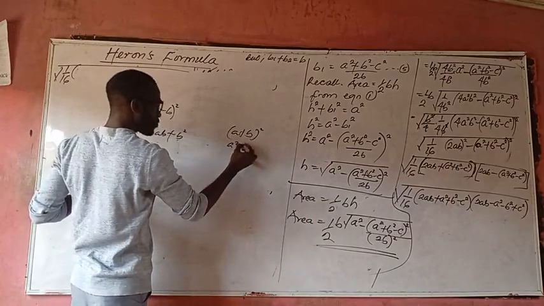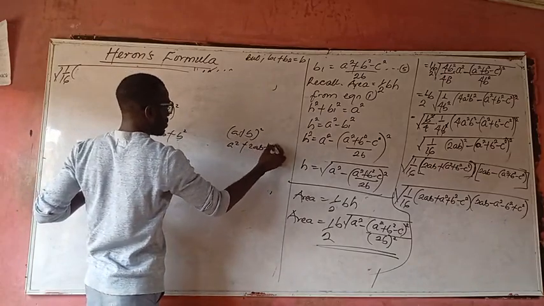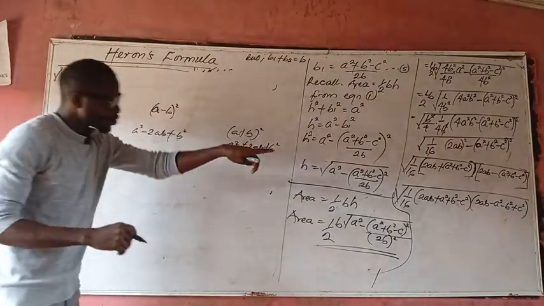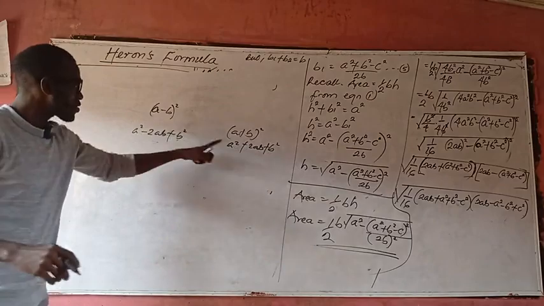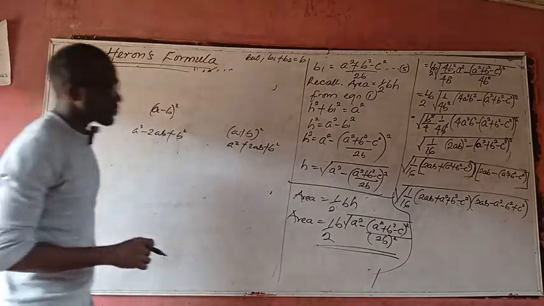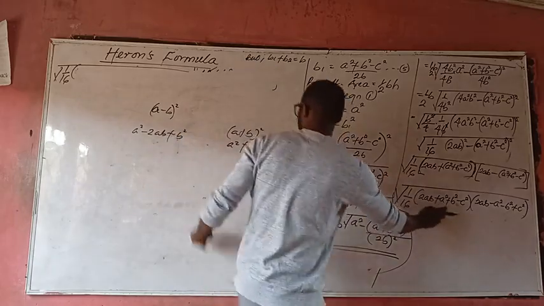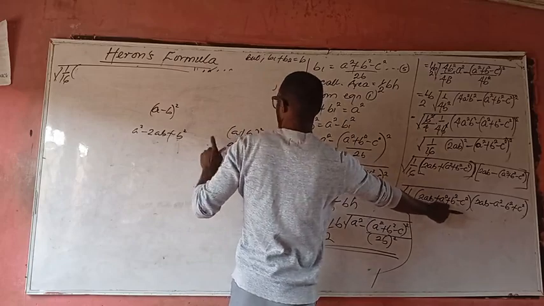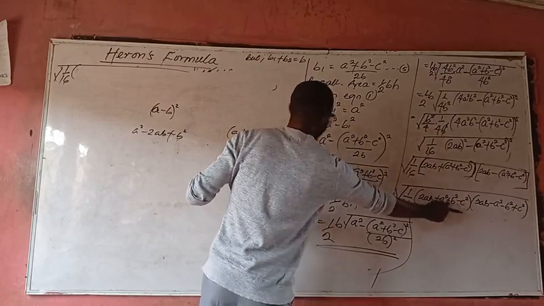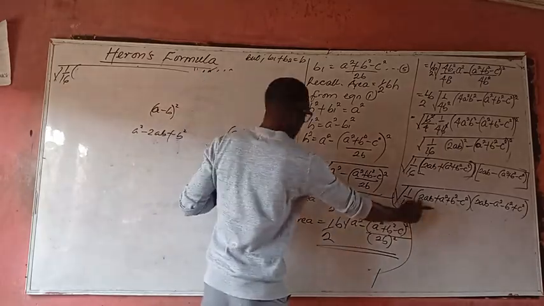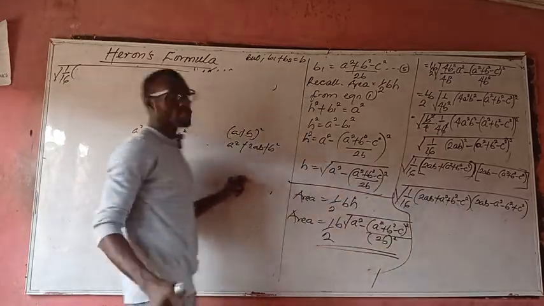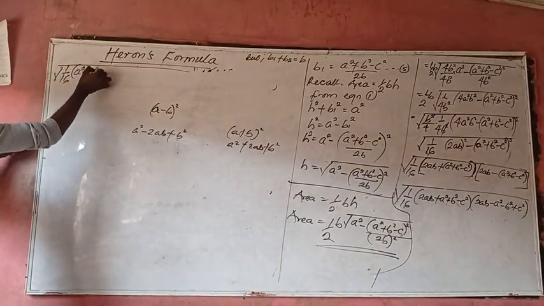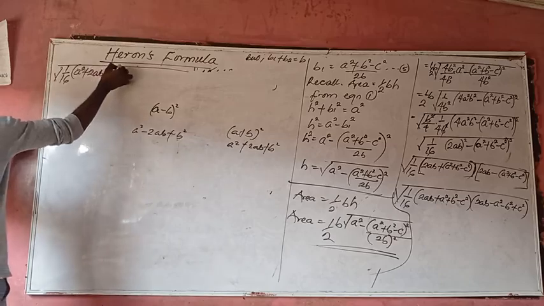And this one, a squared plus 2ab plus b squared. So I'm going to write that expression in terms of this. I can rearrange this so that it will look like a squared plus 2ab plus b squared. Okay, so I'm going to write it that way. A squared plus 2ab plus b squared.